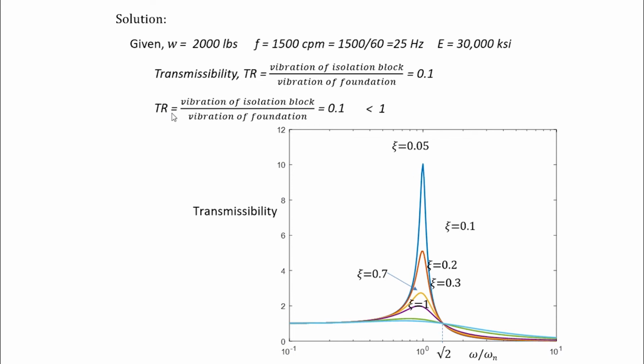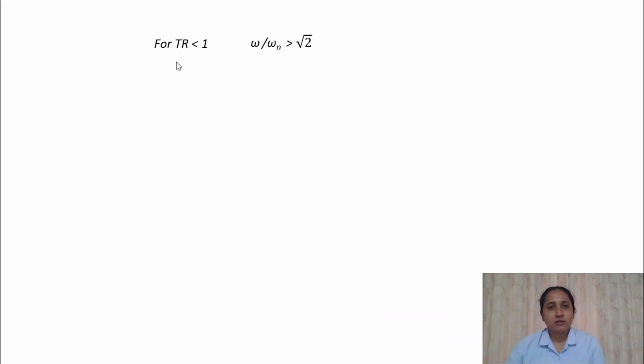So to get a transmissibility of 0.1, we need to go beyond root 2. That means the frequency ratio should be higher than root 2. So let's find out how much frequency ratio will suffice for our 10% reduction in amplitude. For transmissibility less than 1, the frequency ratio should be greater than root 2.